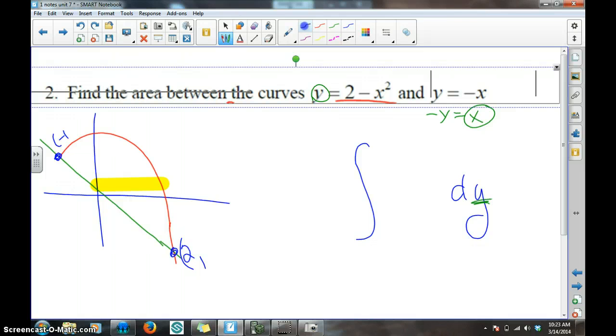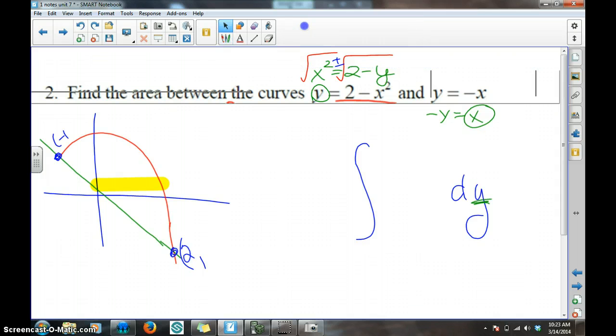When I add x squared and subtract y from both sides, and then square root, don't forget your plus minus, I need to call that graph, or this equation, x is equal to the positive negative square root of 2 minus y.